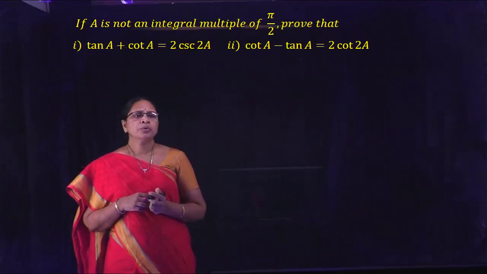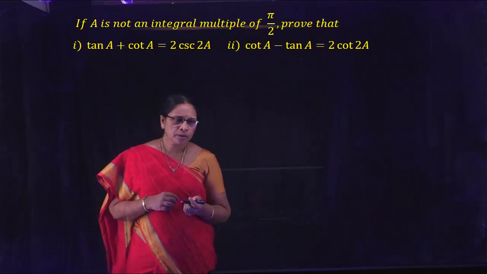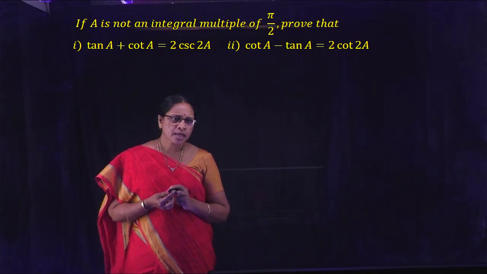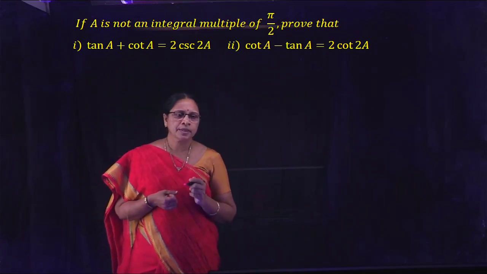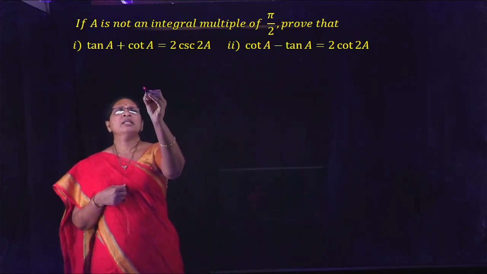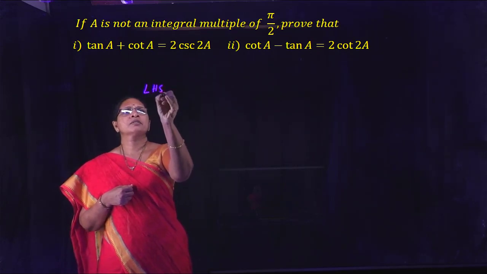Next we have to prove the second part of the problem, cot A minus tan A equal to 2 cot 2A. Let us take LHS.